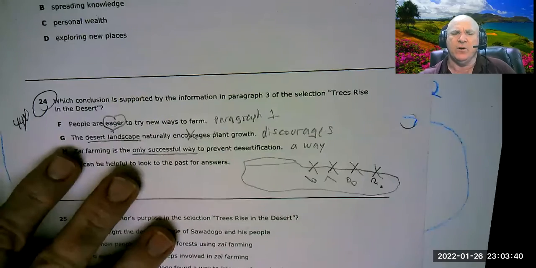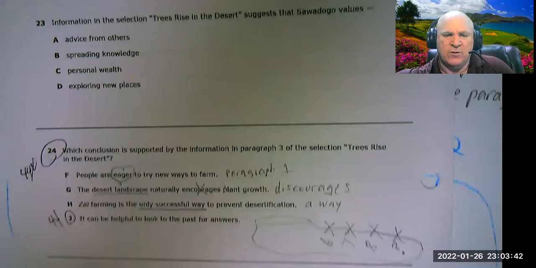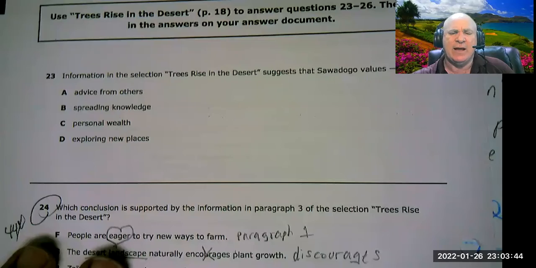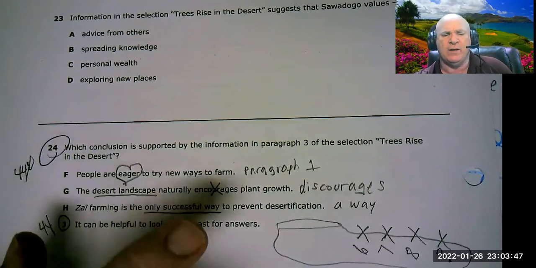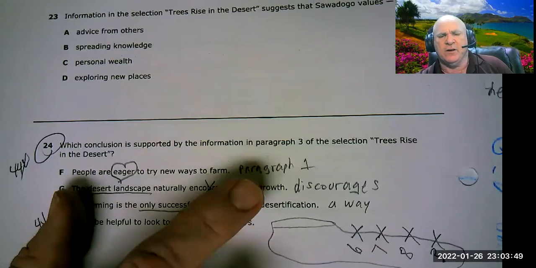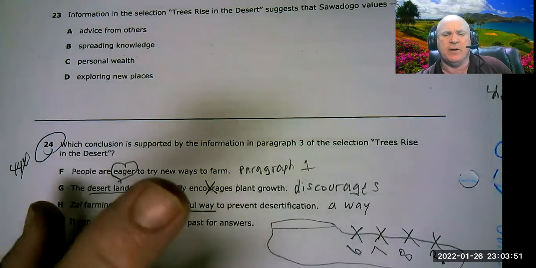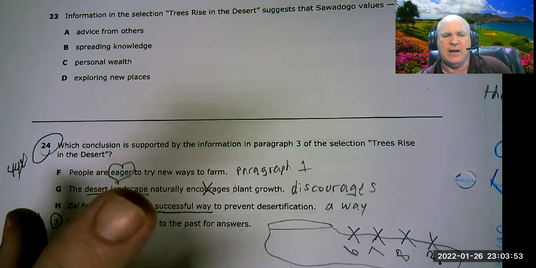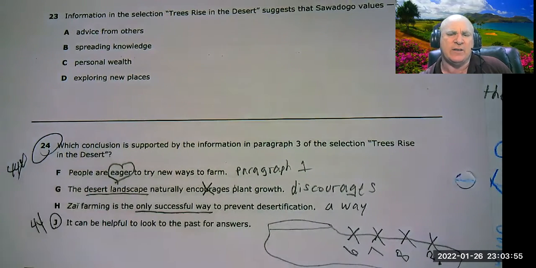Now, the only reason I had to go back to paragraph 1 is because of a phrase inside paragraph 3 that I did not understand. And once I had an understanding of what that phrase meant, I was able to easily answer the question.